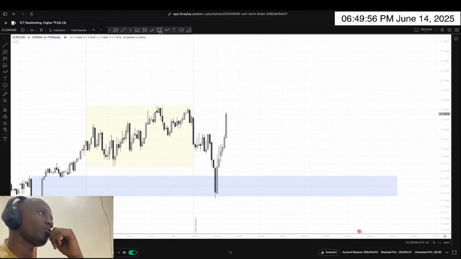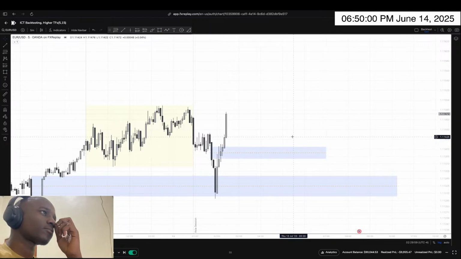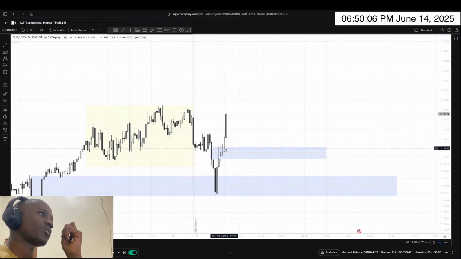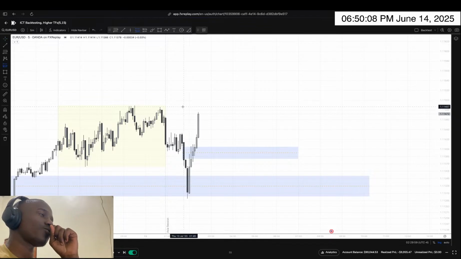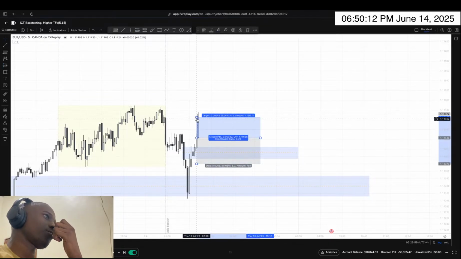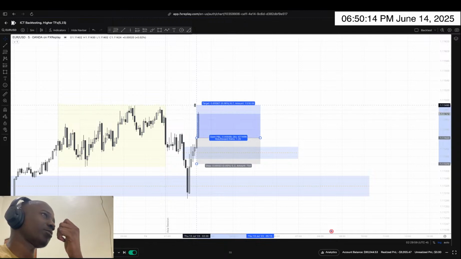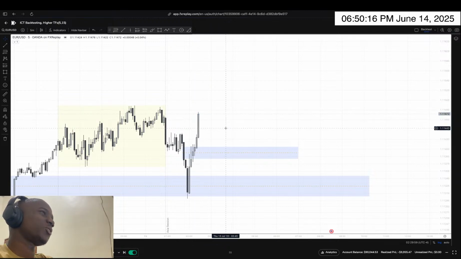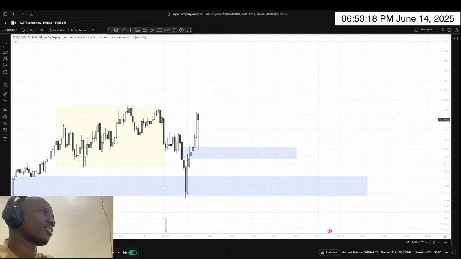You can see that we have a good inversion right here. So the moment this candle closes and this one closes, you can enter on this one, which shows that this inversion has been disrespected. So the ideal trade would look something like this, and then your small target will be right here, which means you have like a one-to-one, which would be filled in a matter of seconds, I think.